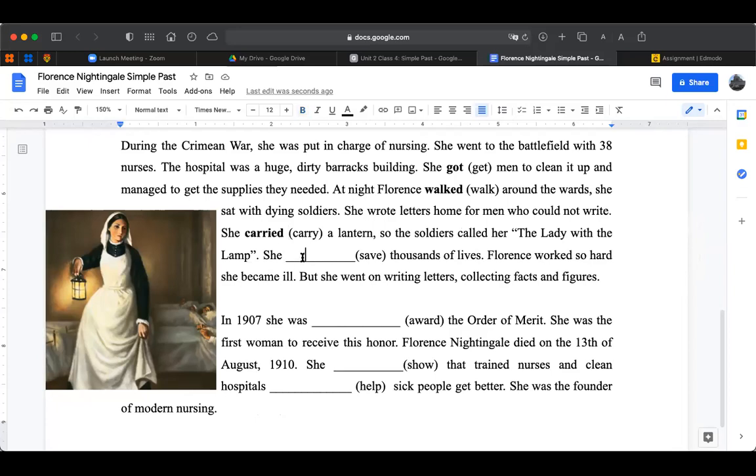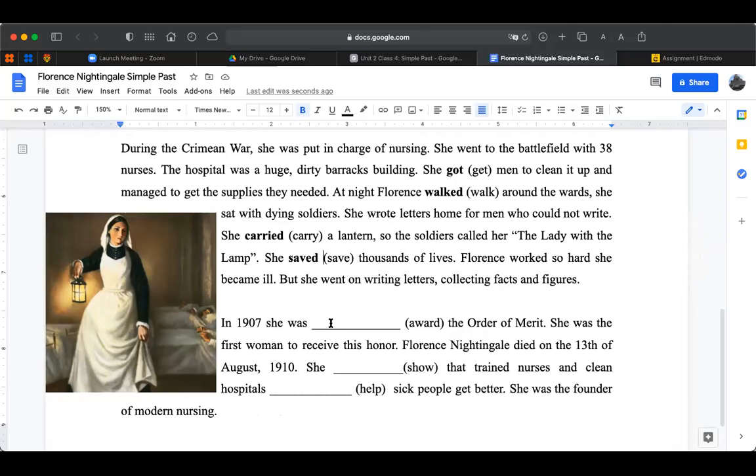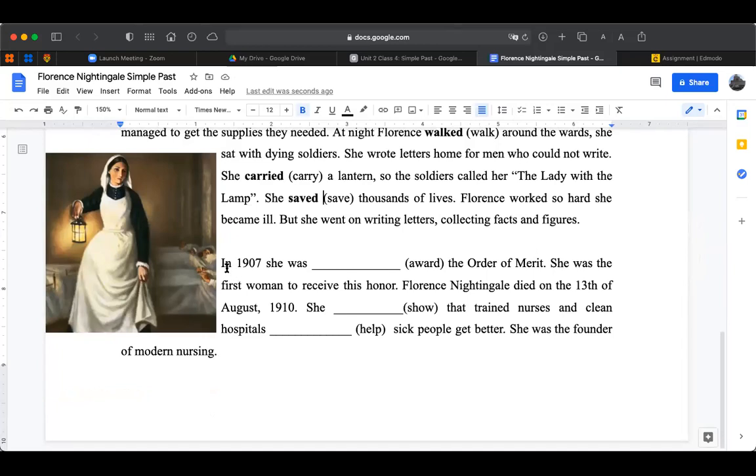She saved thousands of lives. Florence worked so hard she became ill, but she went on writing letters, collecting facts and figures. Very good. Okay, and finally, Carla Araya.